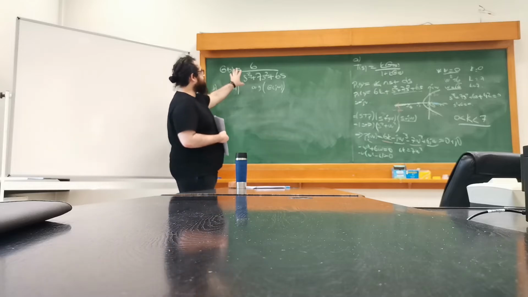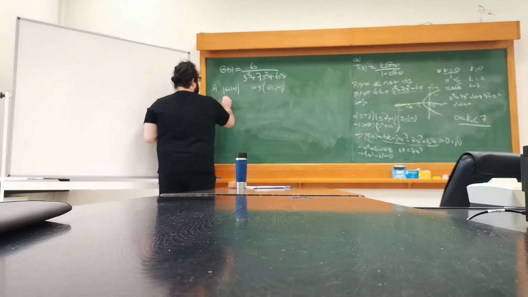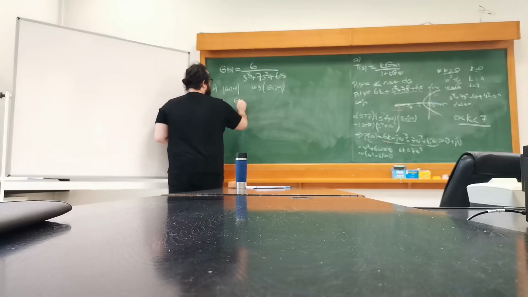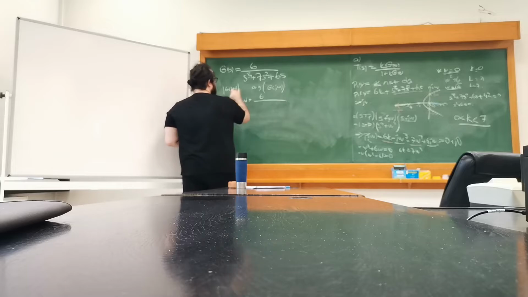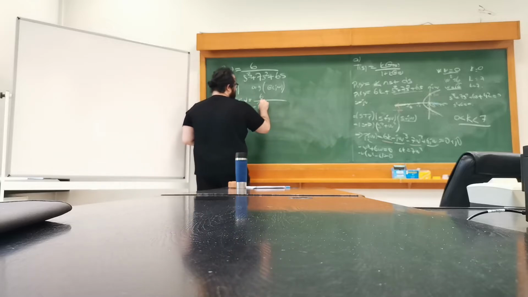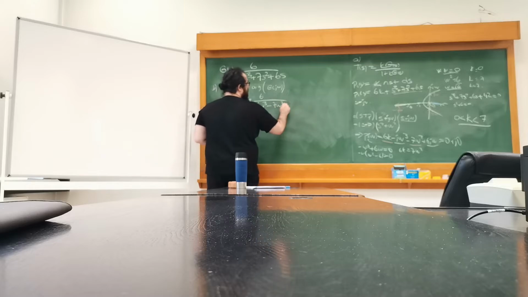But if you have the transfer function itself and plug in s equals j omega, then you get G(j omega) equals 6 divided by j omega cubed, then minus 7 omega squared and 6j omega.